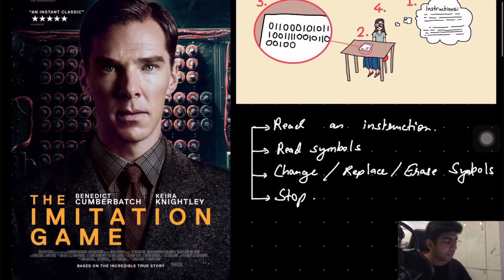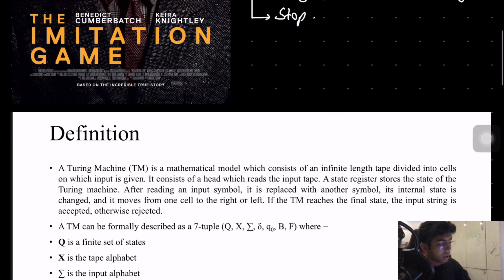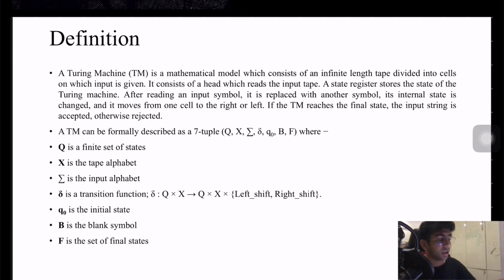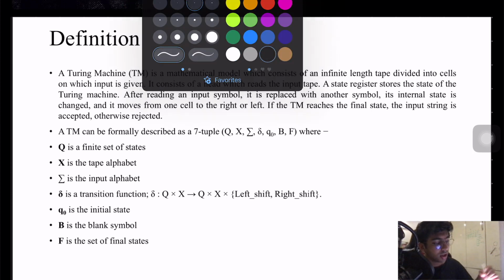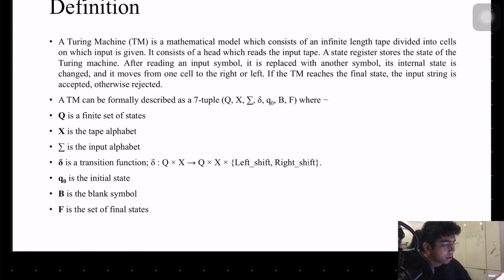So Alan Turing devised, why can't we have a machine do all four of these tasks? And thus came into existence the Turing machine. So this is a formal definition of the Turing machine, summing up the theoretical part to some of the practical aspects.